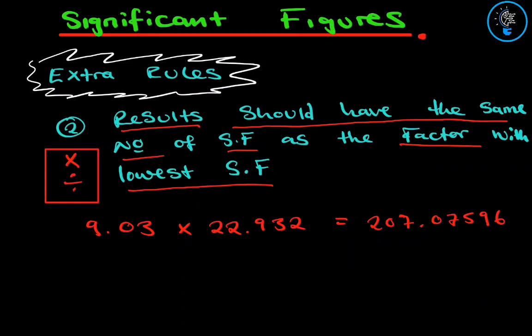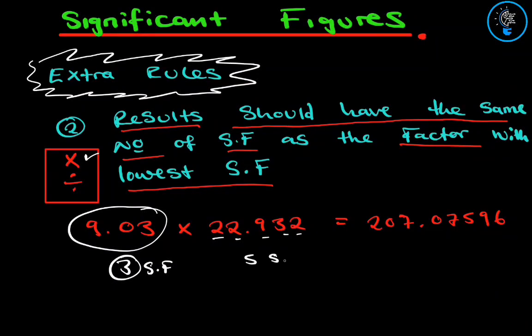And if we were to consider the number of significant figures, we need first to state the number of significant figures on this factor, which is 3 significant figures. Remember, we are dealing with division, so we focus on the number of significant figures in each factor. In this one, we have 1, 2, 3, 4, 5. So it's 5 significant figures.